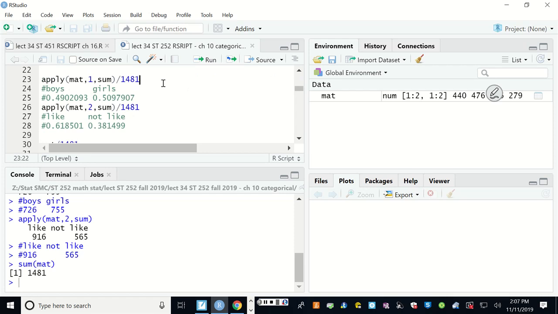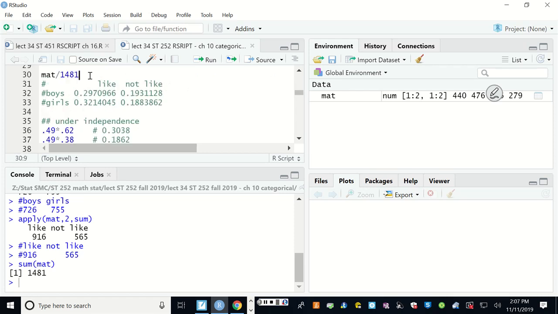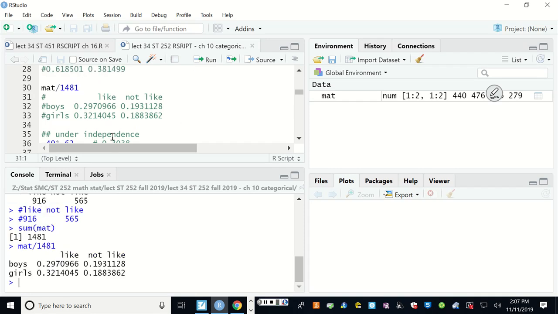So if you divide the matrix by 1481, about 30% of the respondents were boys who liked the product or thing they were asking about. 19.3% were boys who did not like it. 32% were girls who liked it, 18.8% were girls who did not like it, right? So each one of these percentages is simultaneously defined by levels of 2 variables.